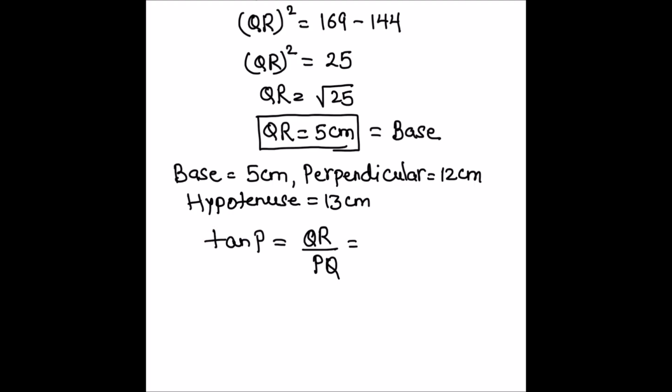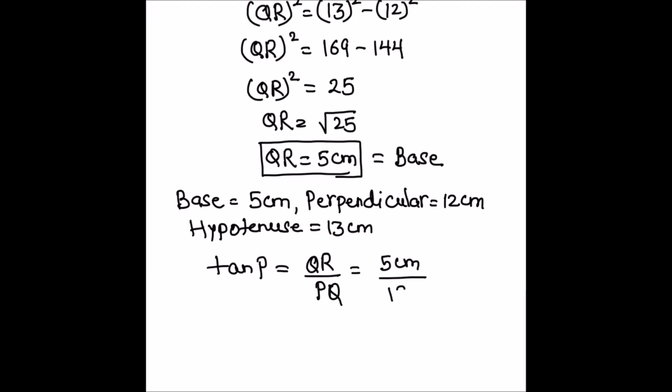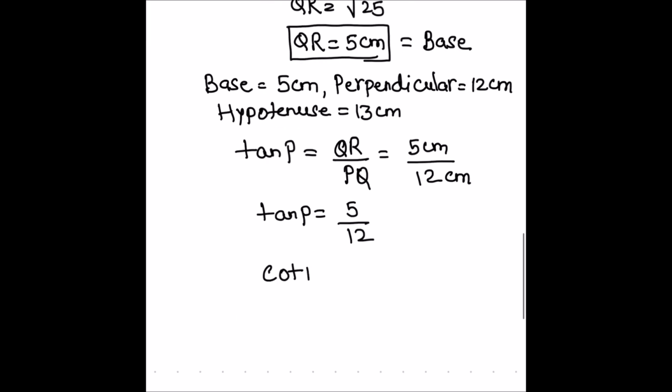QR is 5 centimeters and PQ is already given to us, which is 12 centimeters. So TanP is 5 upon 12. Let's find out Cot R.